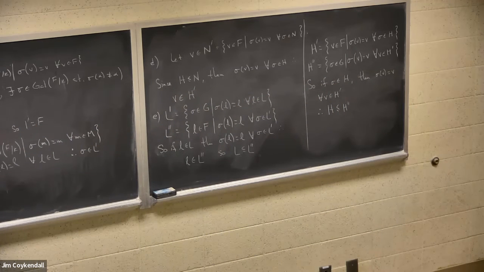So in other words, doing this operation, you start with L, which is a field, it gets you a group when you prime it, and then you're back to a field when you double prime it, and you've got a little bit bigger. Same with the groups. If you start with H, you prime it, you're in the field, you prime it again, you're back to a group, you've got a little bit bigger, potentially. That's a good question. There's a containment.